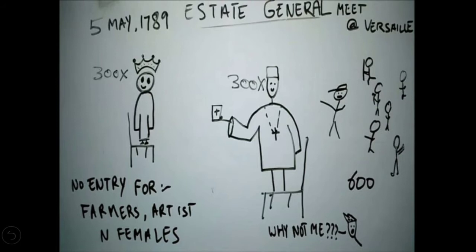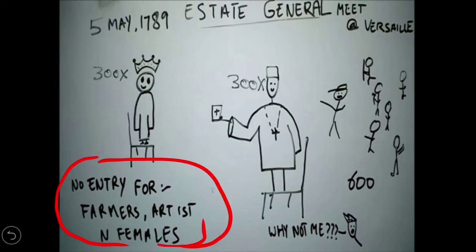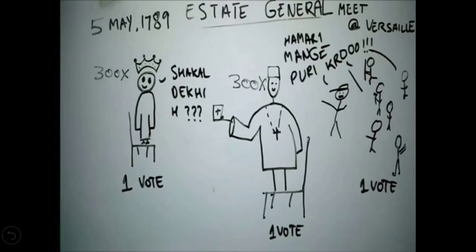But those 600 members were given no entry. And children, do you know, the third estate members were farmers, artisans, artists, and even females were there. But they were not allowed to enter the assembly and participate in the meeting. So again the people became very angry.